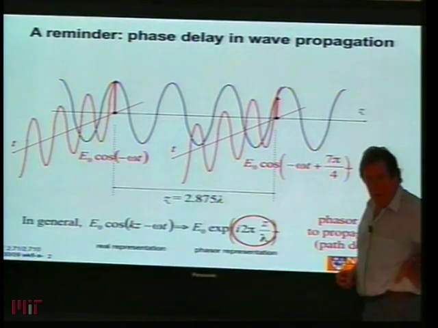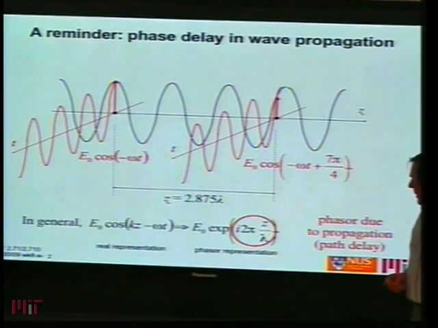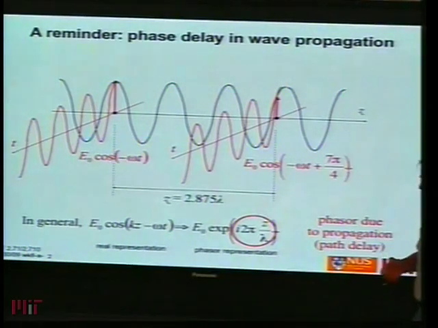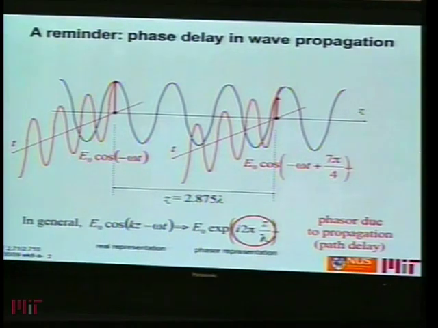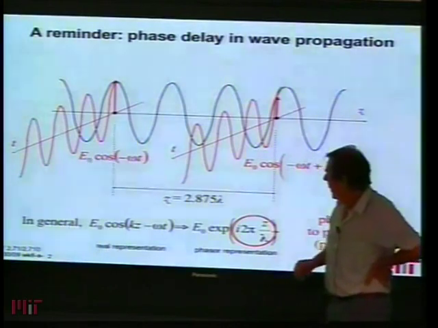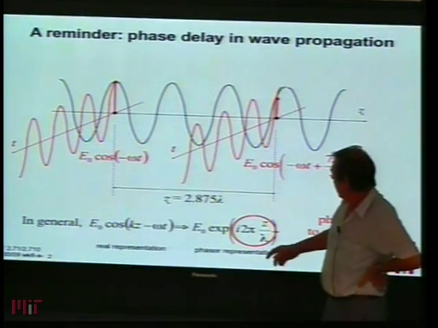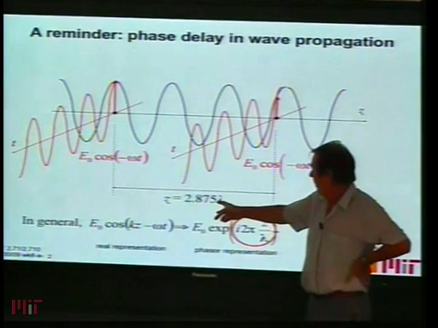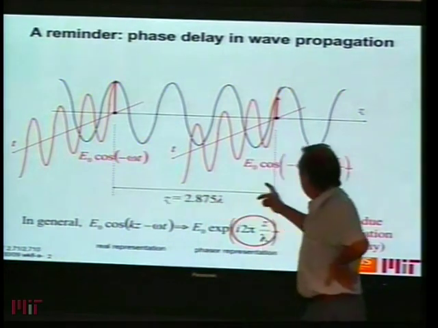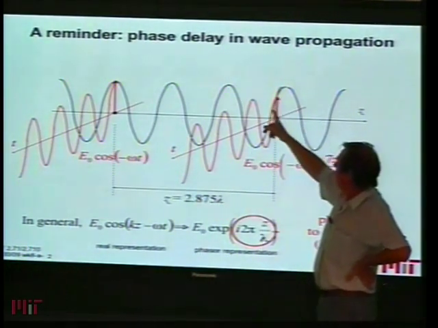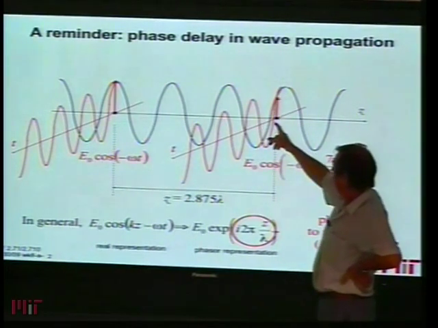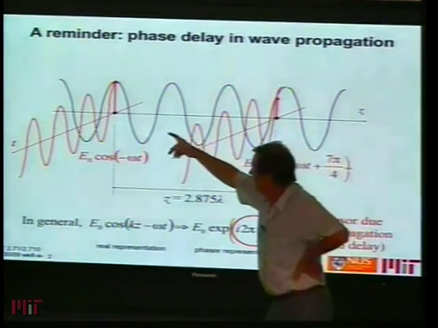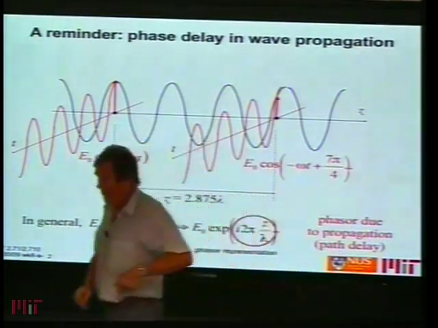But normally we do the manipulations on the expressions using this complex notation because it makes it easier to do the sums. This is showing a particular value of distance, and how the value of the phase of this cosine wave at time t equals 0 changes according to the value of Z. I guess that's what that's trying to show.